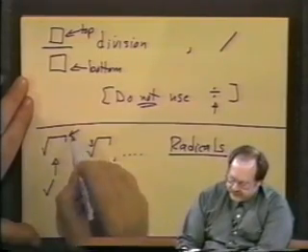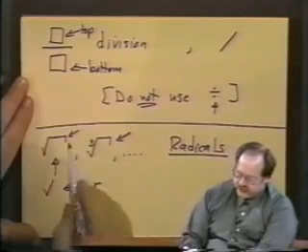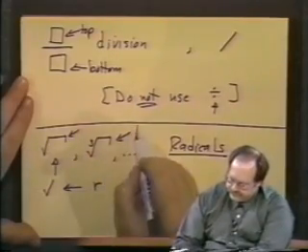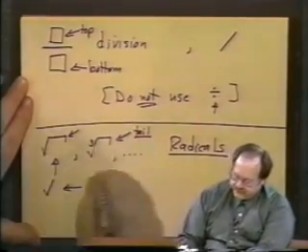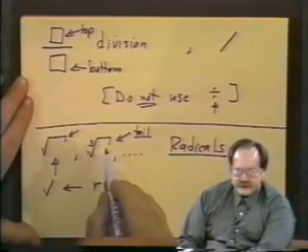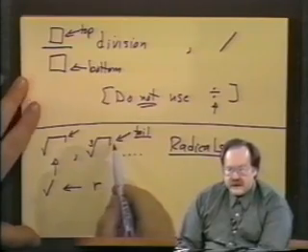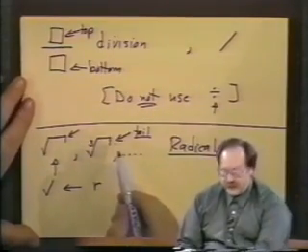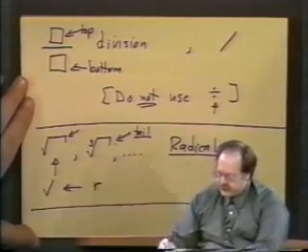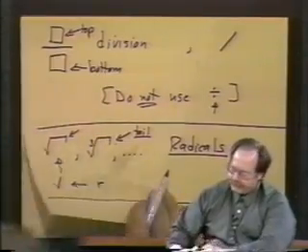Now, you may notice here that I've done something that seems a little unusual. I put a little tail on the end of my root symbols. That tells me where the root symbol ends. So I'd like you to do that as much as possible. You will see me do it throughout the course, so it should be fairly common by then.